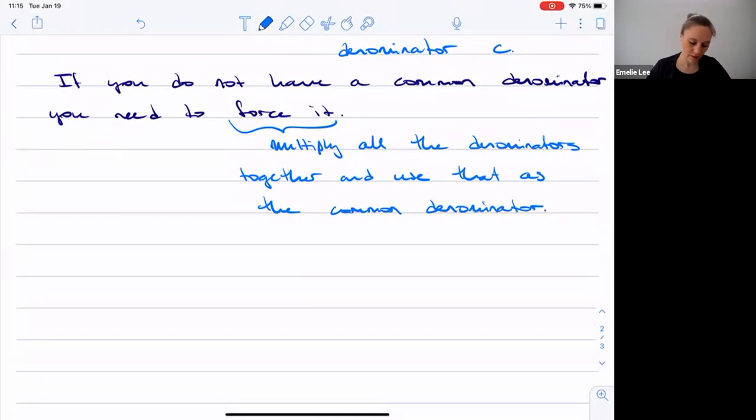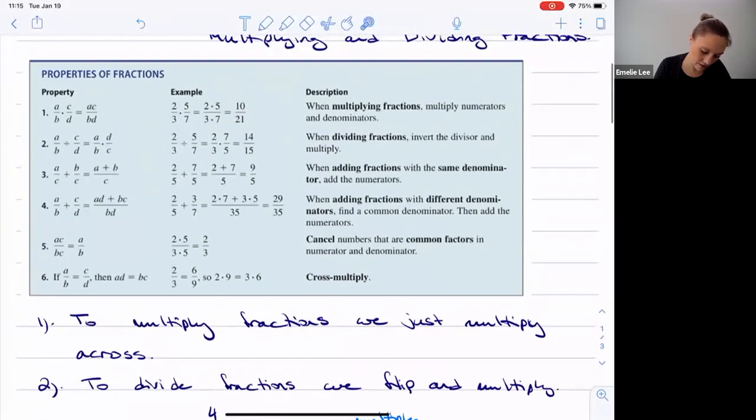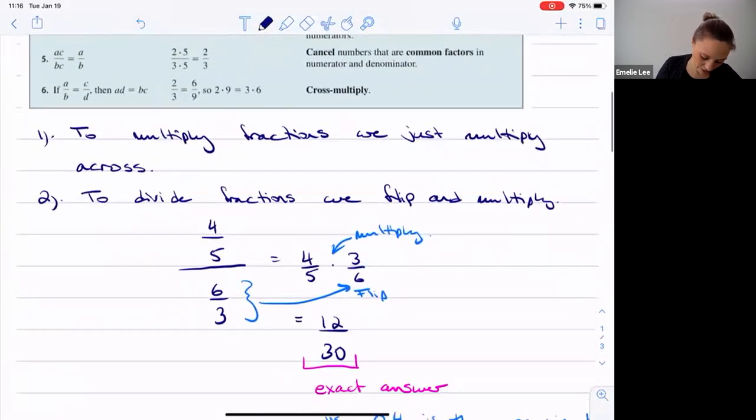Okay, so that's what property 4 is telling us here. Notice in property 4, you've got a over b plus c over d. Notice that b and d are not the same, right? So I'm going to say, okay, my common denominator is going to be b times d. Let's just pause and write that down, and then we'll talk about how that came about.